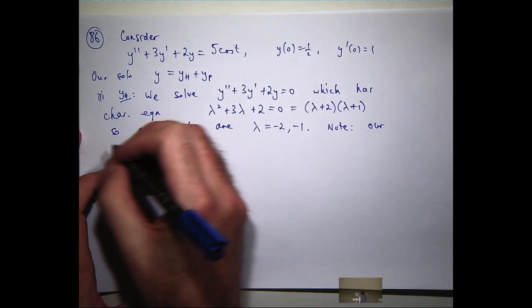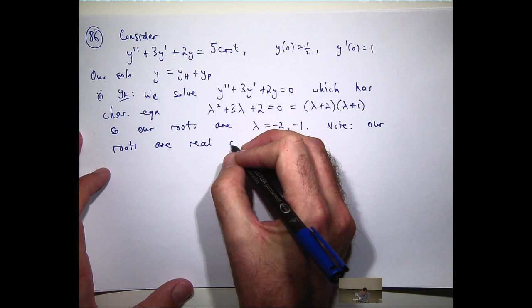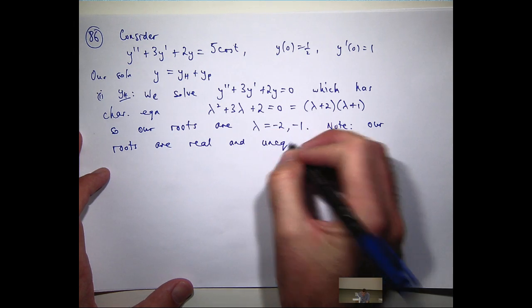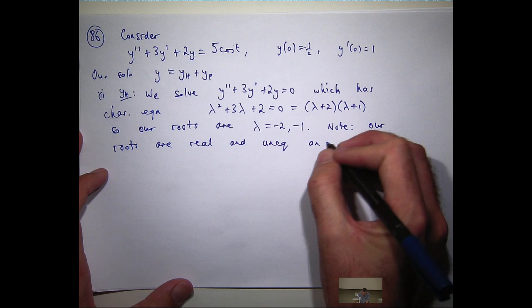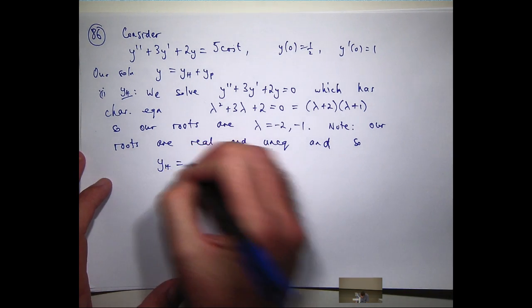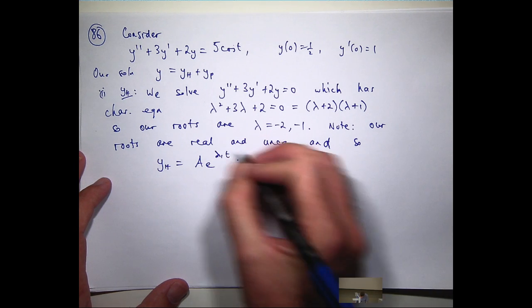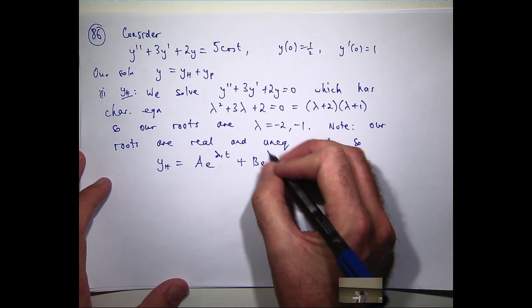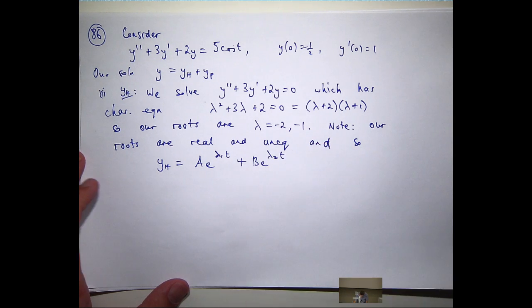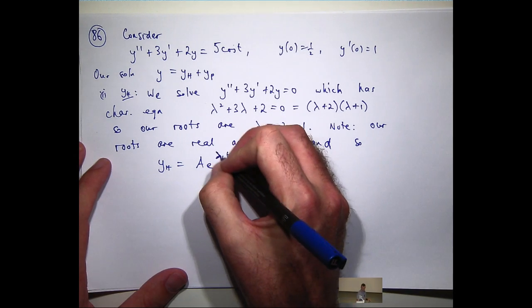So we note our roots are real. They're both real numbers and they're not equal to each other. And so the structure of y sub h is just exponentials with these. So lambda 1 and lambda 2 here would be just minus 2 and minus 1. Doesn't matter which way you put them in.